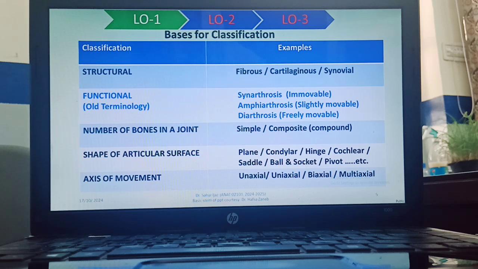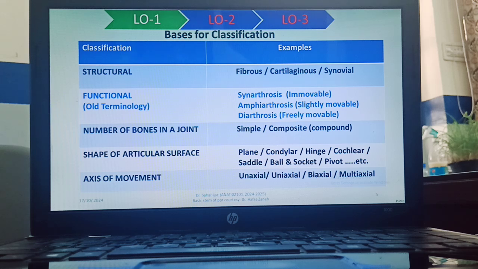Different bases of classification of the joints can be, as they are mentioned in the left column. It can be a structural base, where the uniting medium between two or more bones coming together to make a joint is the basis. Then the functional one is related to how movable the articulation is.